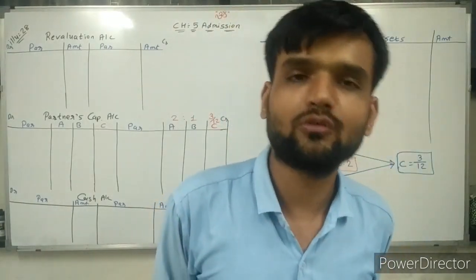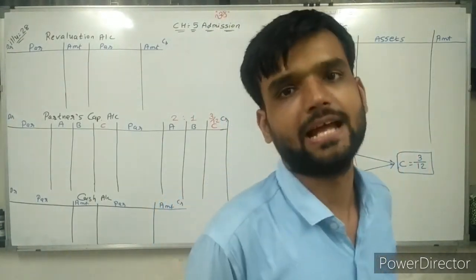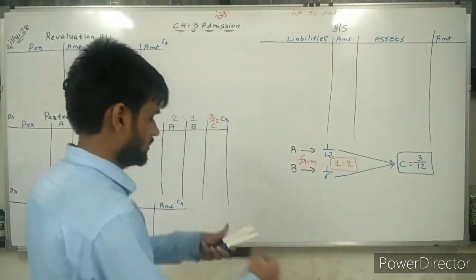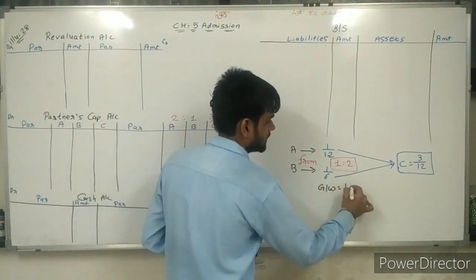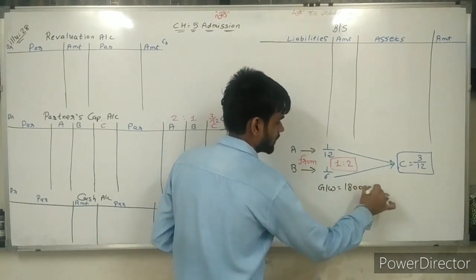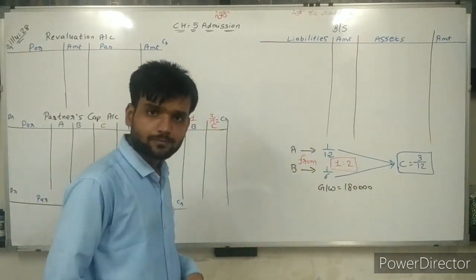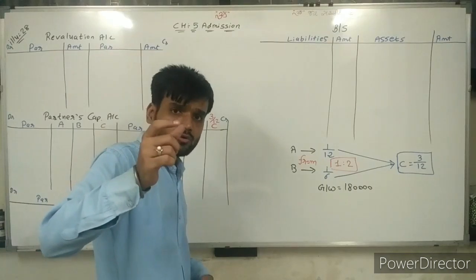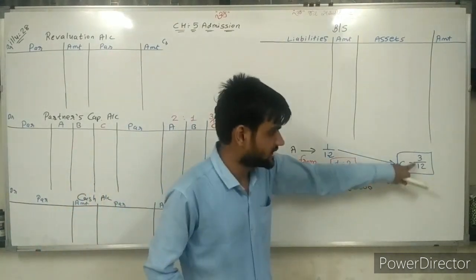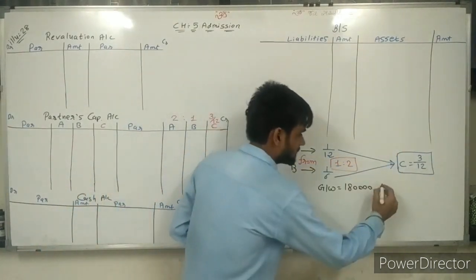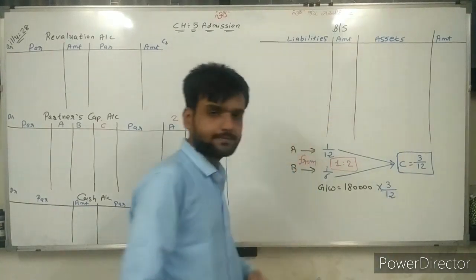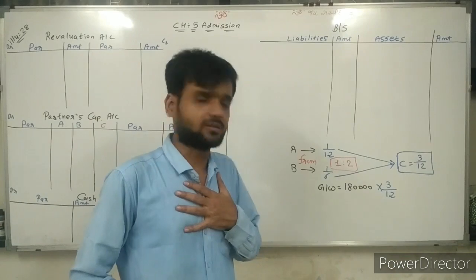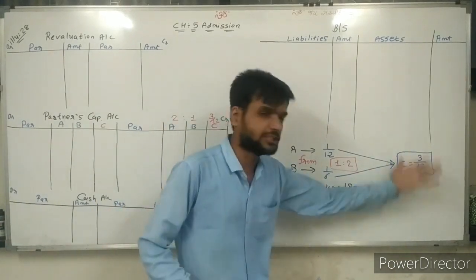So first of all I am writing value of goodwill is equal to 1,80,000. Now the share of C is 3 by 12. So multiply 3 by 12 and we can get the value of goodwill of C.